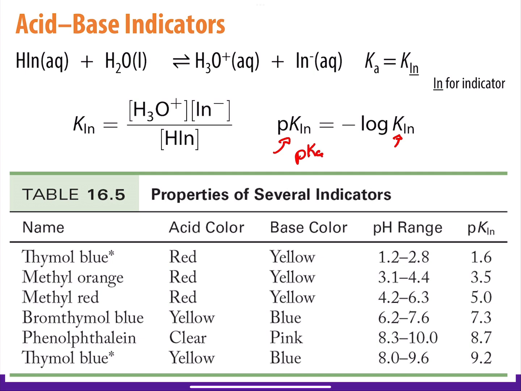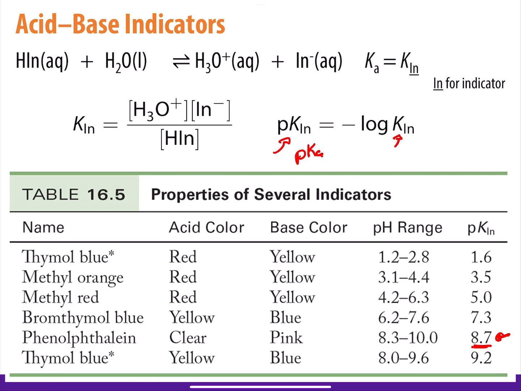And we want to find an indicator with a pKa roughly equal to the pH where our equivalence point is going to be, so we can see the change. Phenolphthalein, which people use a lot for titrations, has a slightly basic pKa of around, in this case, say 8.7. So we can see the color change in that region of 8 to 10, which is in the region where a strong acid, strong base titration is sharply increasing.